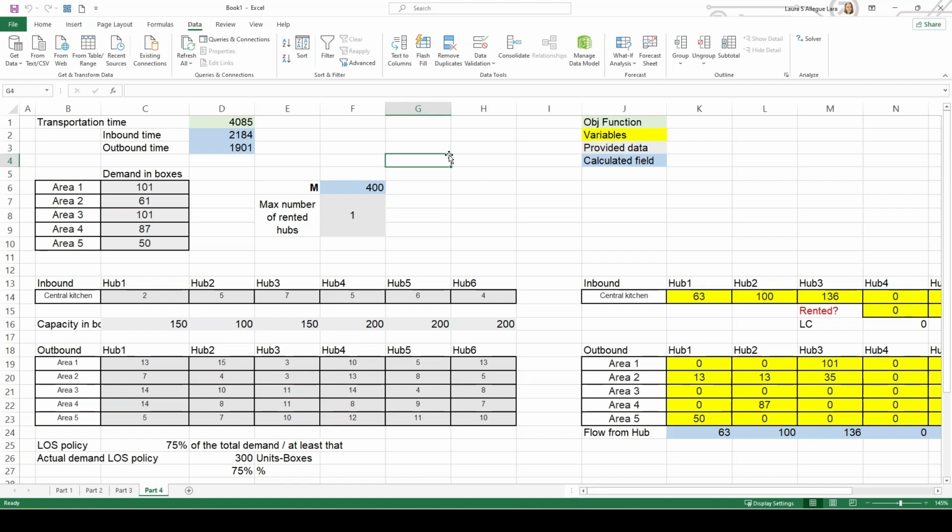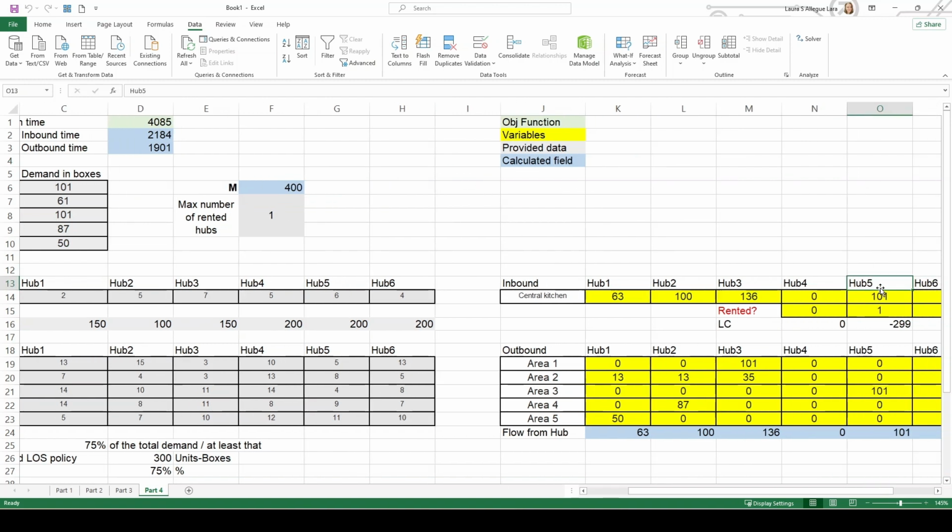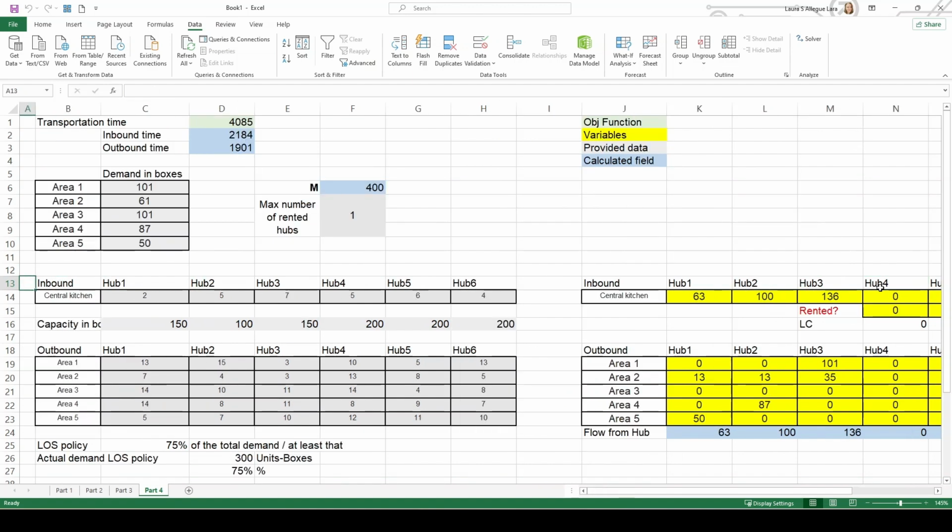The next element I want you to consider is understanding what changed. Because if I'm still renting hub 5 and I still have 101 units, why do I have a higher time? That's because we changed the flow within the total network. That specific flow from that specific rented hub did not change.